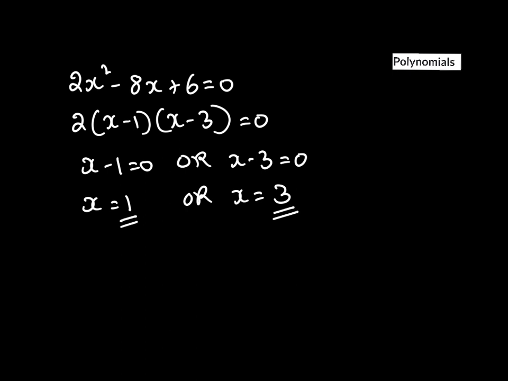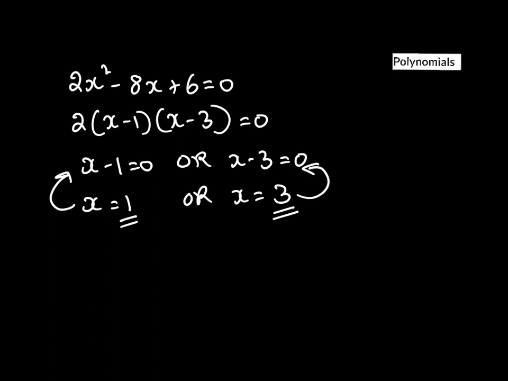Because when we replace x with 1, the whole polynomial is going to be equal to 0, or when we replace x with 3, the whole polynomial is going to be equal to 0. So observe, when the zero of the polynomial is 1, what is its factor? x minus 1. When the zero of the polynomial is 3, what is its factor? x minus 3.